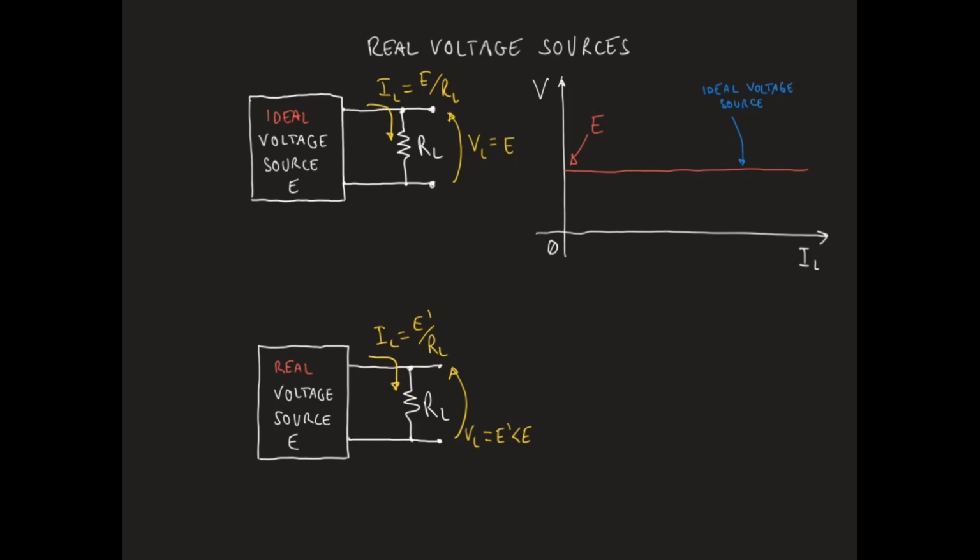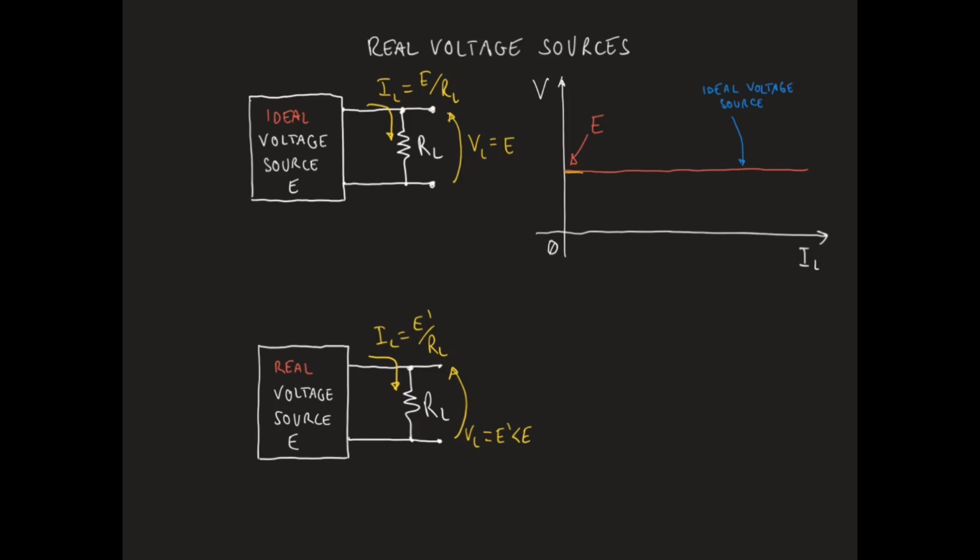In general, in the case of a real voltage source, the larger the current that the load requires, the smaller the voltage that the voltage source can provide. Therefore, when the current is zero, so in open circuit conditions, the voltage provided by the real voltage source is the same as the one provided by the ideal voltage source.